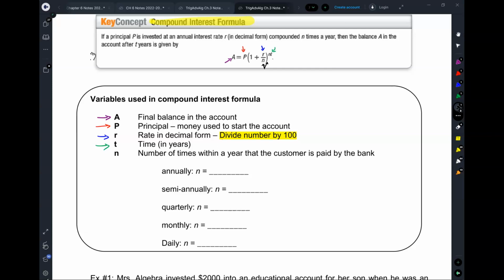We're doing this right now. So if the bank pays you annually, how many times a year is that? One. So in that case, N is equal to 1. If it's semi-annually, how much is N? 2. Quarterly, 4 times a year. Monthly, 12. Daily, correct. Okay?